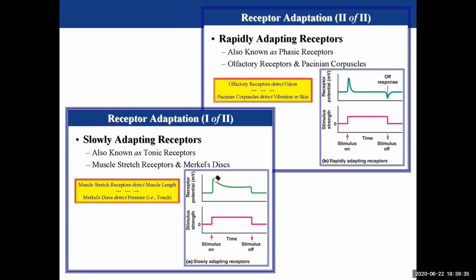The receptor remains active as long as the stimulus is present, which is the pink line down here. So for the pink line, the stimulus is on, so it's activating the receptor. And here, stimulus off means the stimulus goes away.